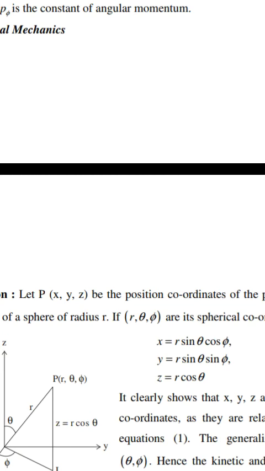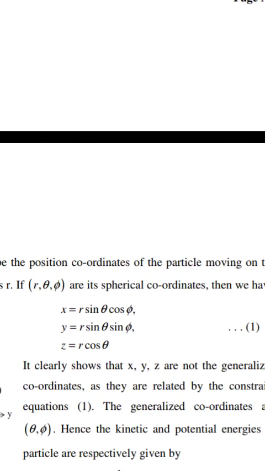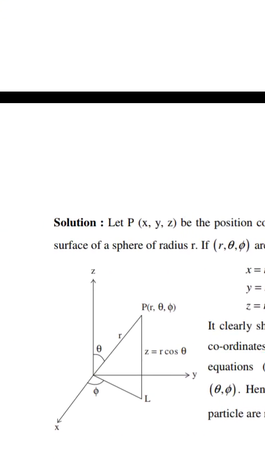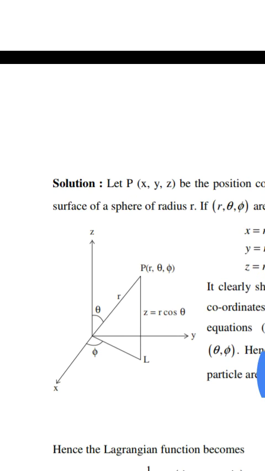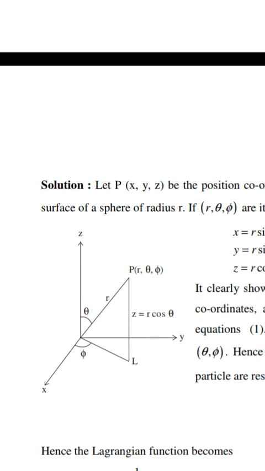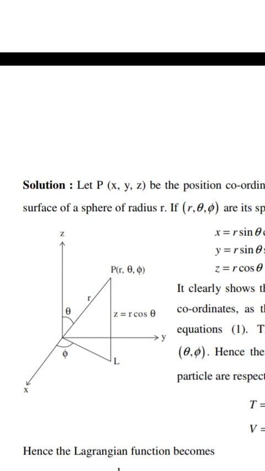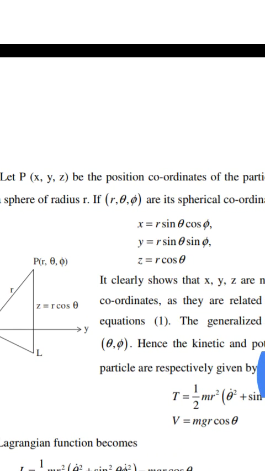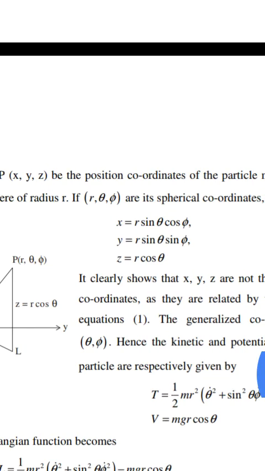Let P(x, y, z) be the position coordinates of the particle moving on the surface of a sphere of radius r, and P(r, θ, φ) are its spherical coordinates.